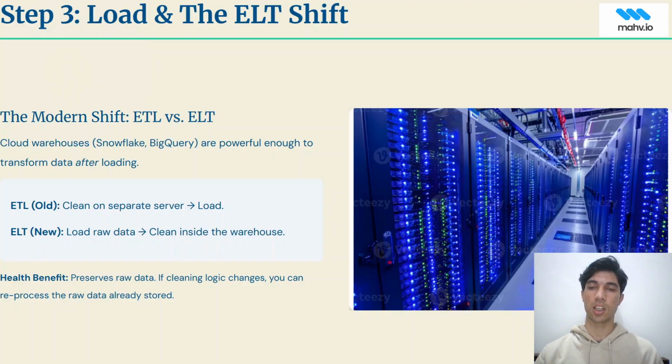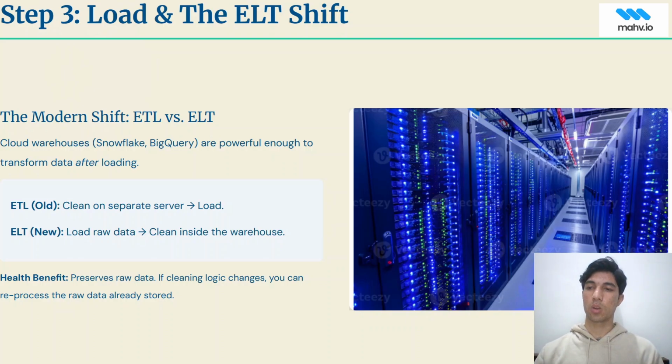We extract the data, we load it to our servers, and then we transform it on the same server. That's because modern cloud warehouses like Snowflake and BigQuery are powerful enough to transform data after loading in the same server. So the advantage is that if we change our logic, the format of the data, or how we store this data, then we can reprocess the raw data that is already stored on the same server.